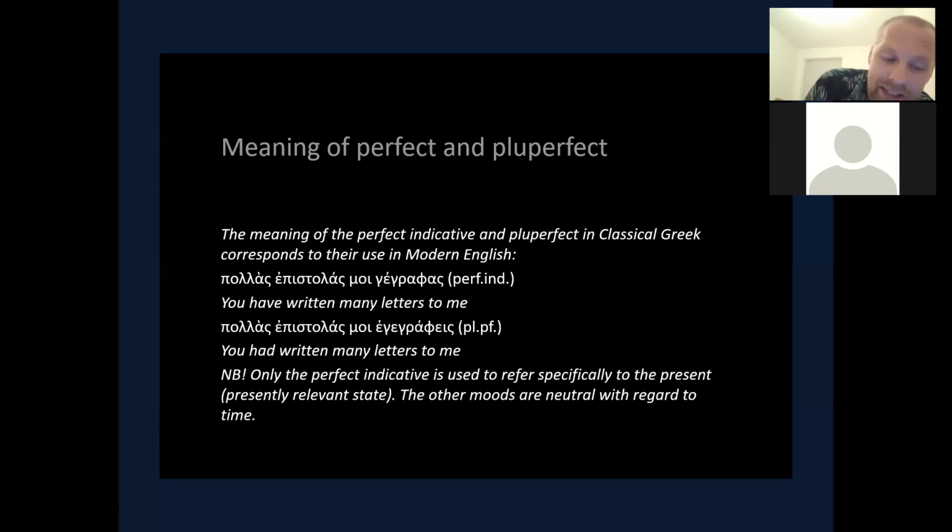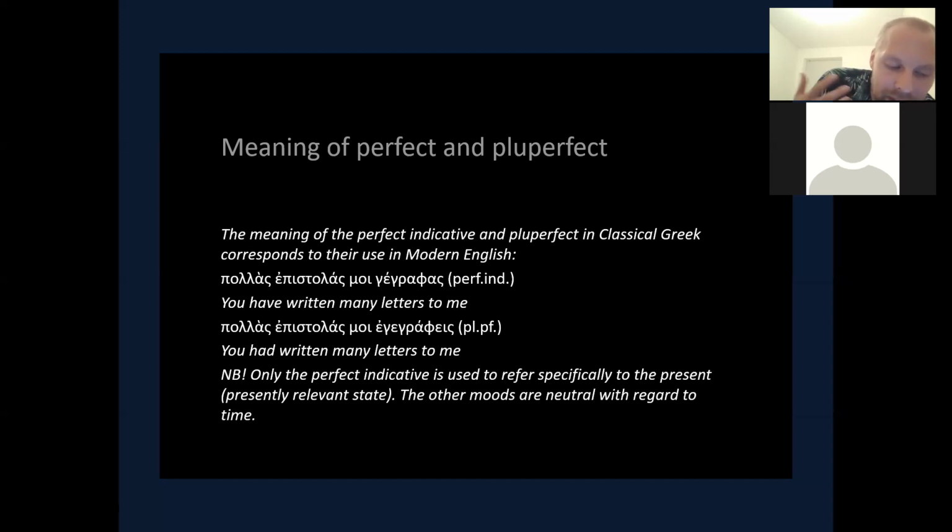Thus, a Greek sentence with a verb in the perfect indicative can often be quite adequately translated into English with a perfect as well. So for instance, the sentence pollas epistolas moi geographas with the second person singular active perfect indicative form geographas can be translated as you have written many letters to me.